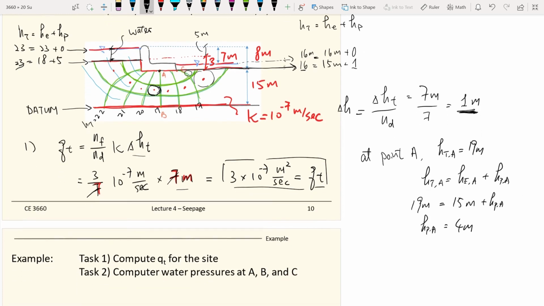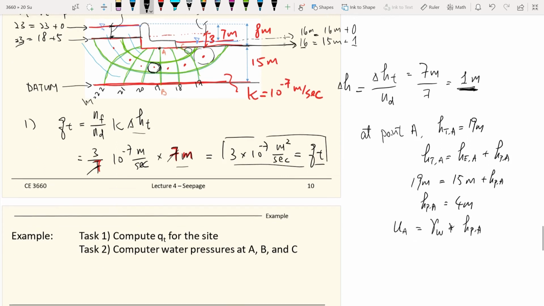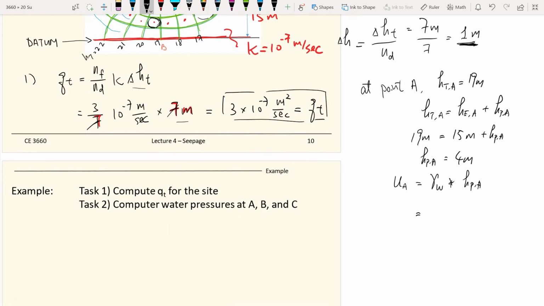And we know we're solving for water pressure. The water pressure at point A is equal to the unit weight of water times the potential head. For quick calculations, we can assume this is 10 kilonewtons per meter cubed for the unit weight of water. To be more precise, it's 9.81, but if you need to do quick calculations on site, you can assume it to be 10.